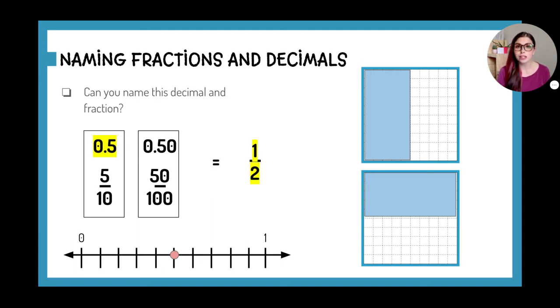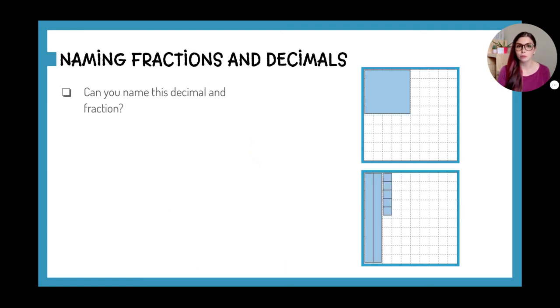And I want you to notice that when I write it as a decimal, it's written as 0.5, 5/10, because if you look closely, I've colored in 5 rows or 5 columns of tenths. So I actually have 5/10, also 50/100ths. So all 3 of those numbers are the same. 5/10 is the same thing as 50/100ths is the same thing as 1/2. What about now? What do you notice?